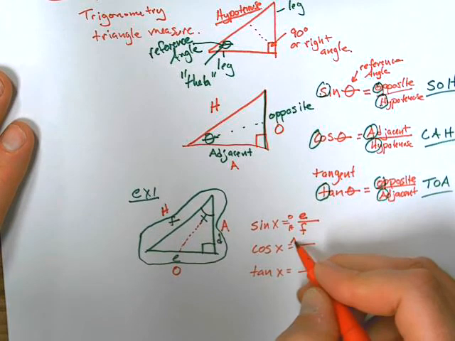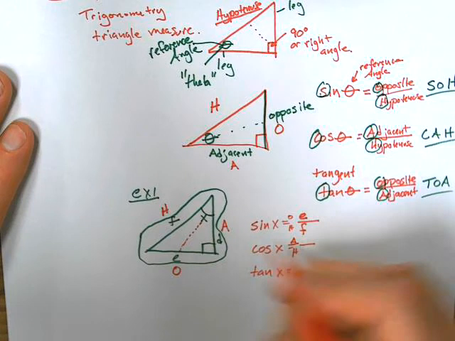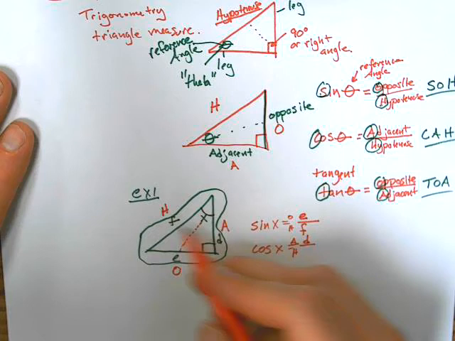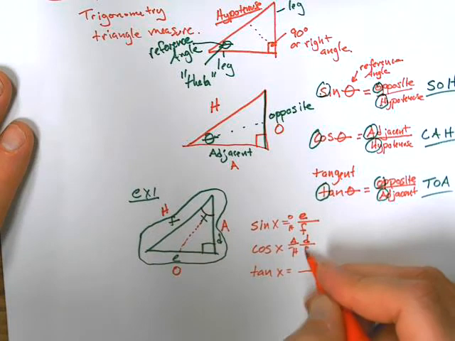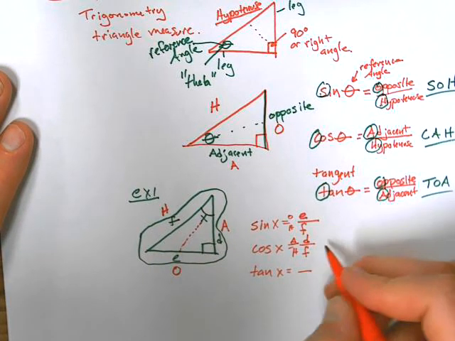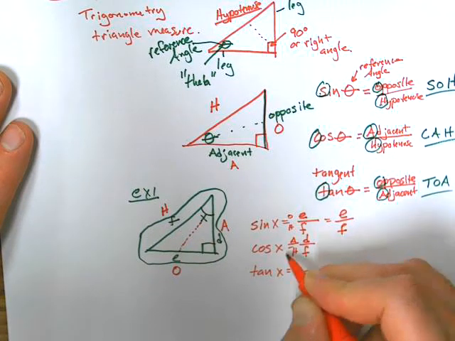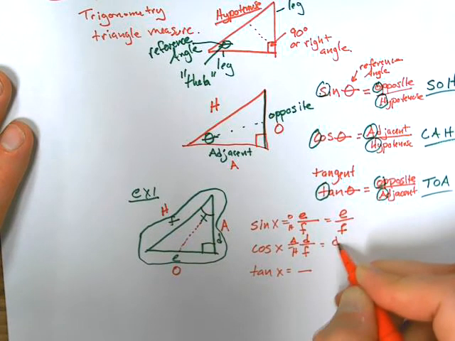It's going to be A over H. So the adjacent side is the letter D. That's the side D. And the hypotenuse is still F. This would be D over F. So just to be clear, sine of x would be E over F. Cosine of x is D over F.